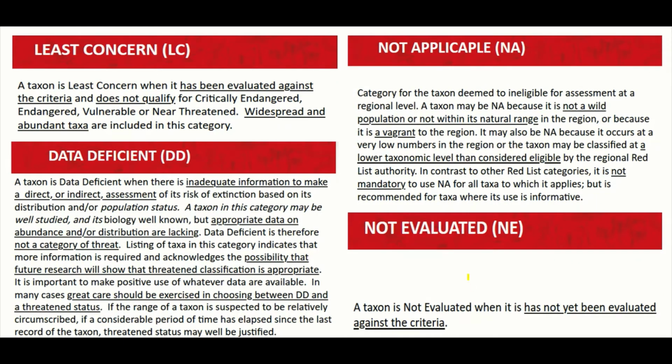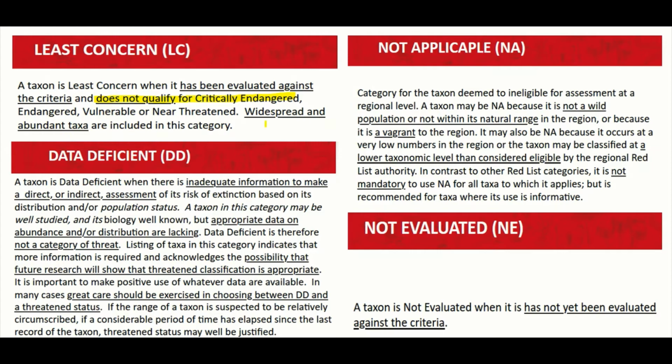A taxon of least concern has been evaluated against the criteria and does not qualify for critically endangered, endangered, vulnerable or near threatened. Widespread and abundant taxa are included in this category.